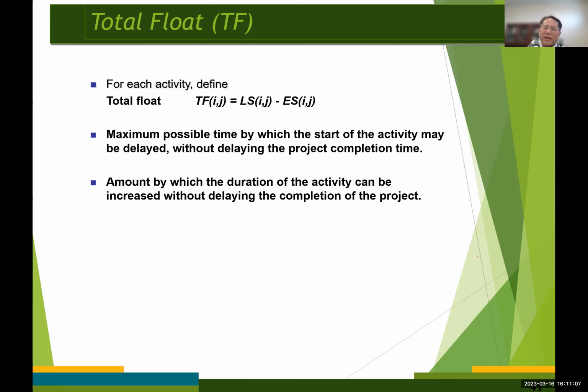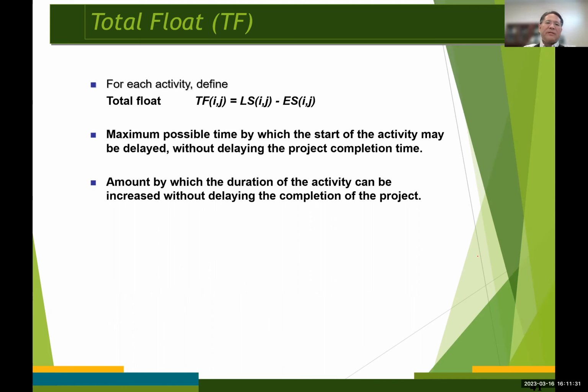So for each activity in the AOA network diagram, we define the total float, represented by TF. That's going to be the latest start time minus the earliest start time. Okay.